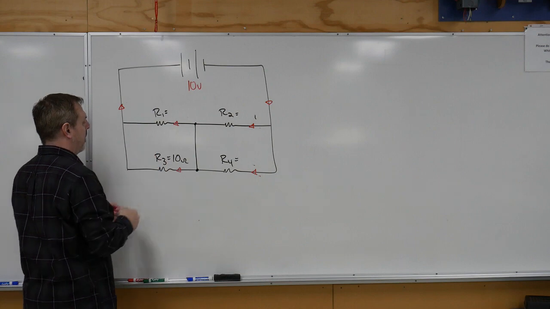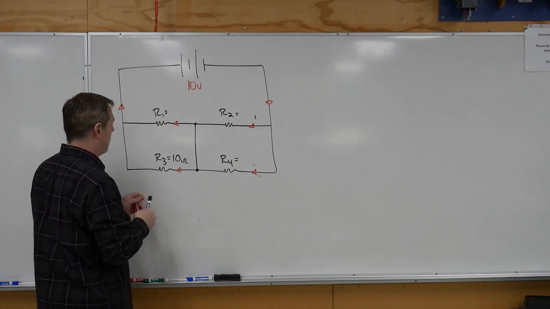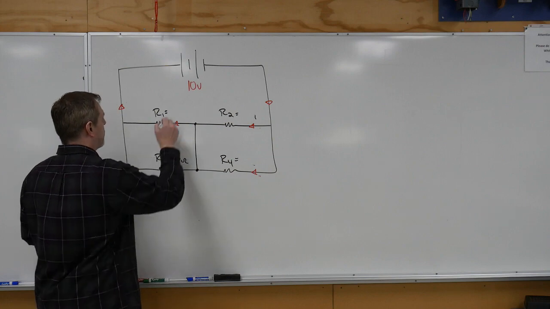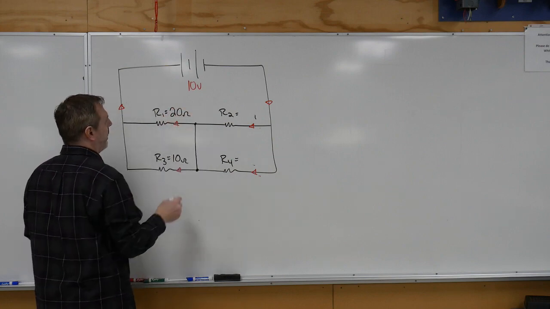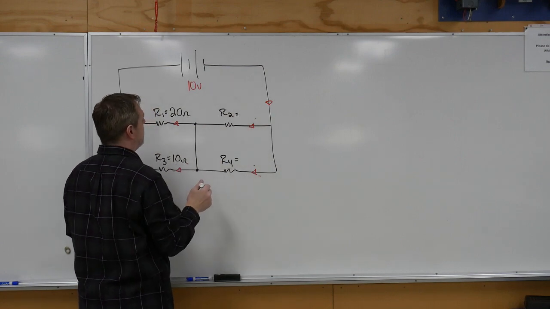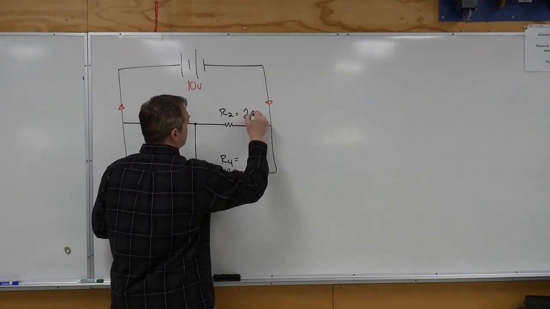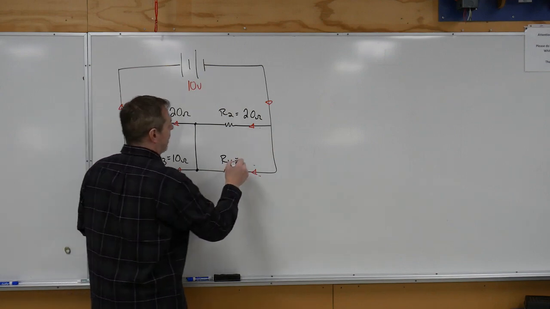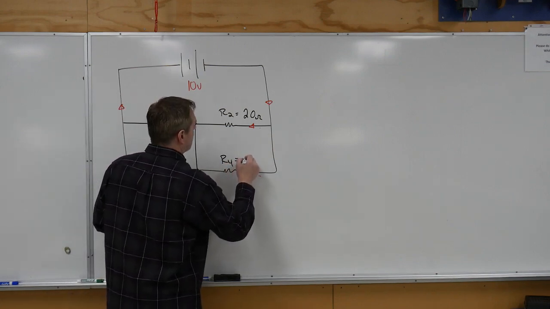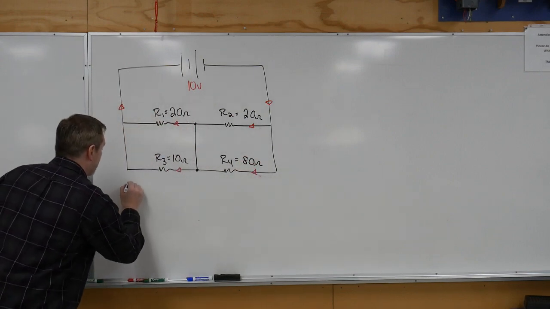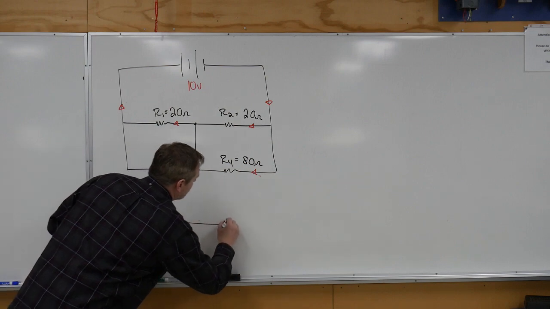I'm going to keep R3 at 10 ohms, and I'm going to give R2, say, 20 ohms. R1 is going to be 20 ohms as well, and R4 is going to be, let's do 80 ohms.